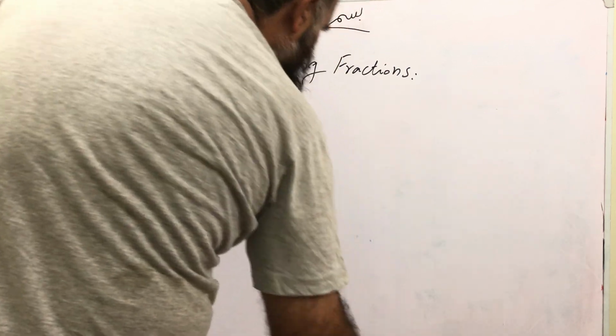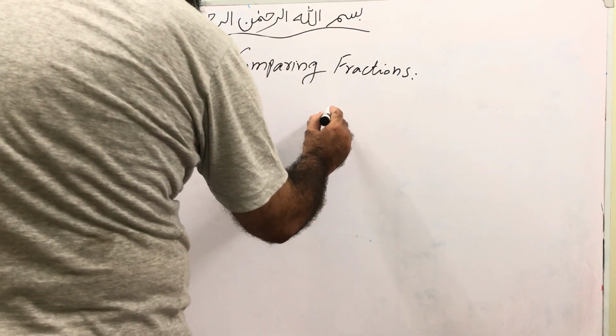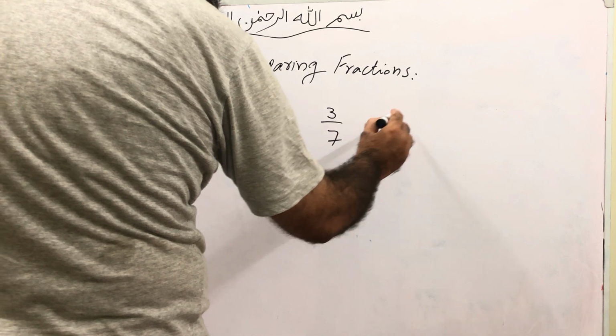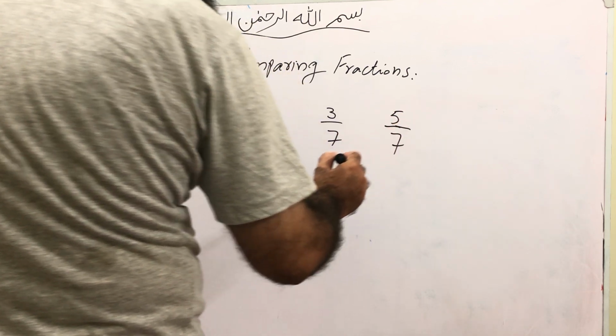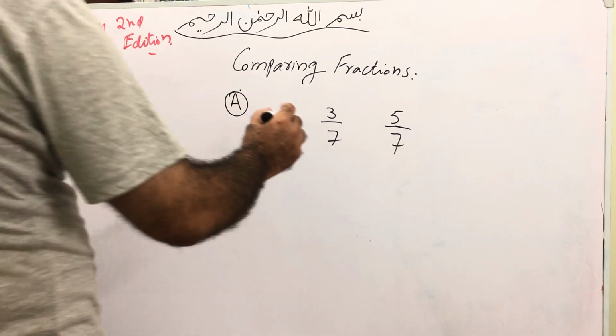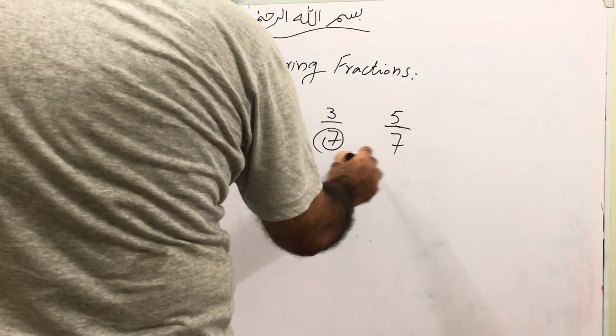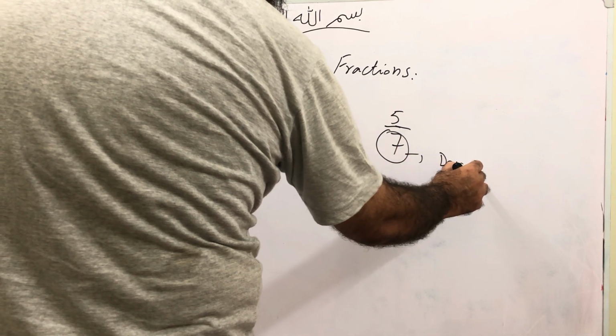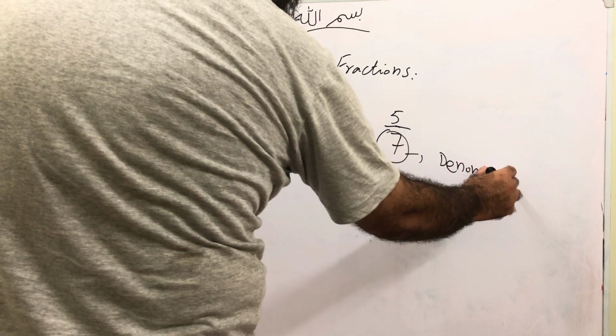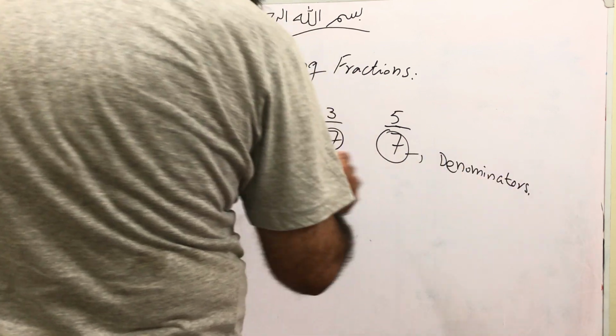Now another example for the same: if it is 3 over 7 and 5 over 7, which fraction is greater? Again we see the denominators are the same.